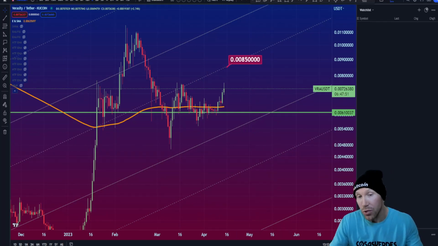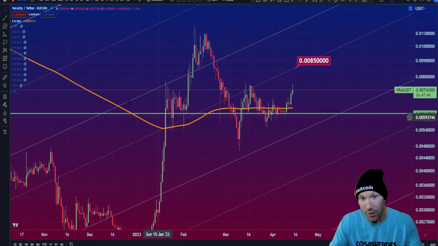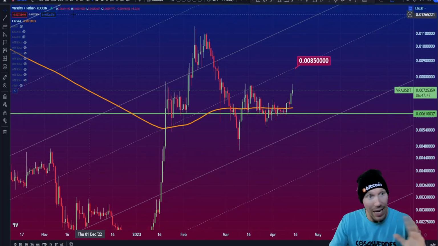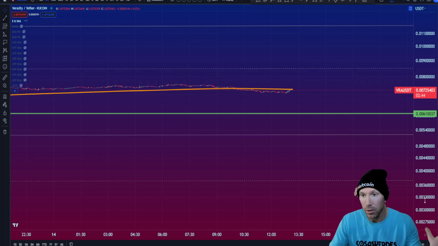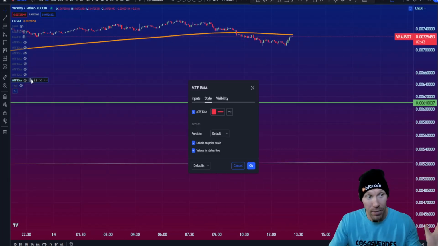But I think the most important thing for general up, general down is the daily 200. Even if you're on the 5-minute chart, I would have an MTF EMA on.